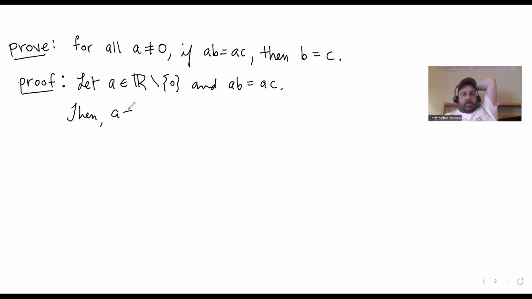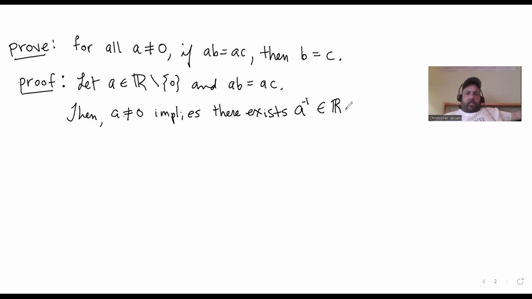Then A not 0 implies that there exists a multiplicative inverse of A. Okay, that's by, what was it, P?